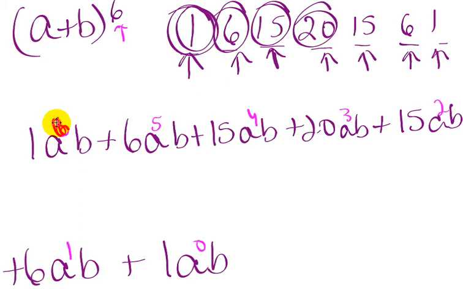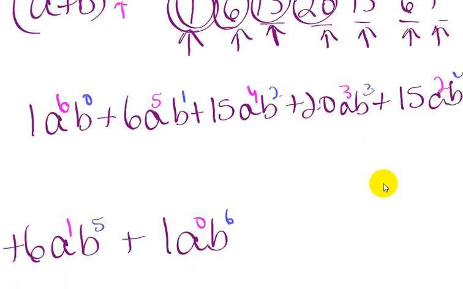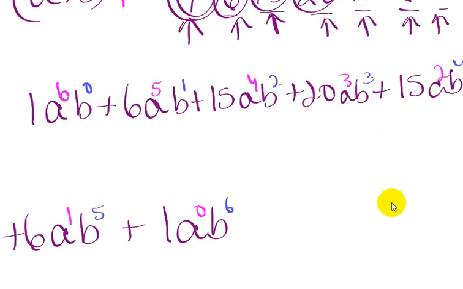Now for my b's, I'm going to do the opposite. I'm going to start at 0 and work my way up: 1, 2, 3, 4, 5, and 6. Okay, is everybody with me?